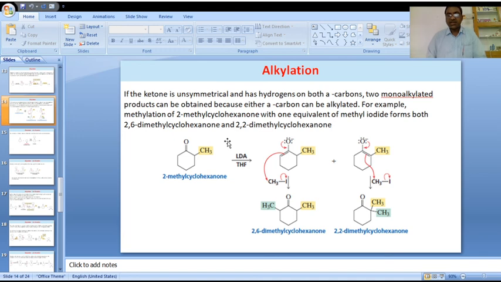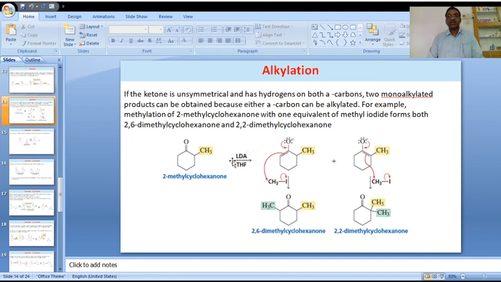Next, another alkylation process, another example. It is an unsymmetrical carbonyl compound we are using. If the ketone is unsymmetrical and has hydrogens on both alpha carbons, here on both alpha carbons, two hydrogens are available in 2-methyl cyclohexanone.